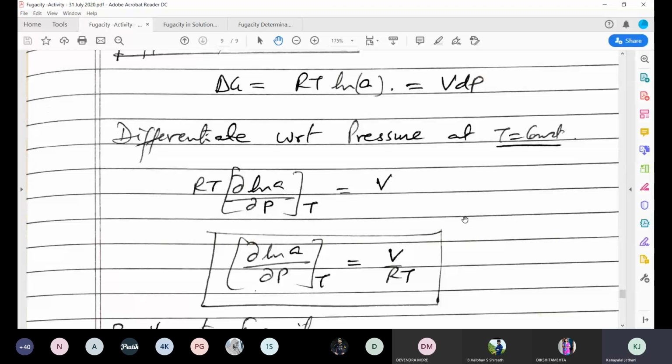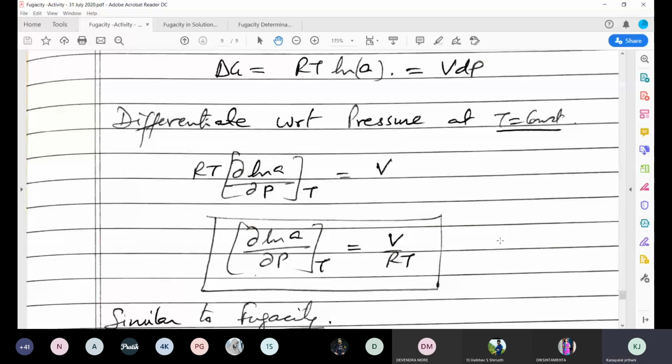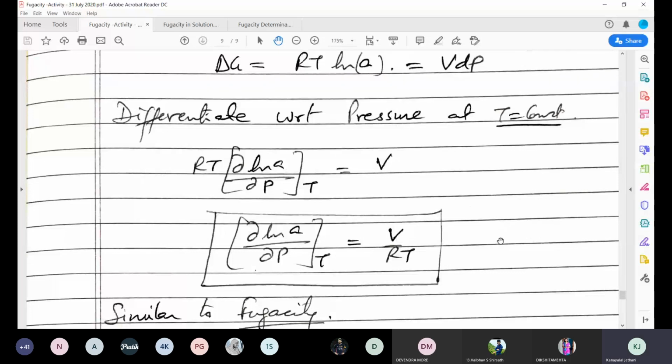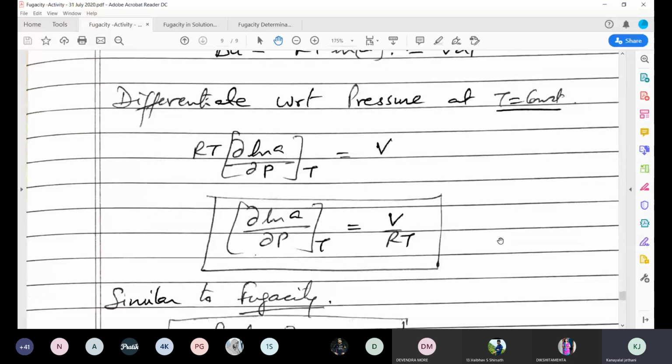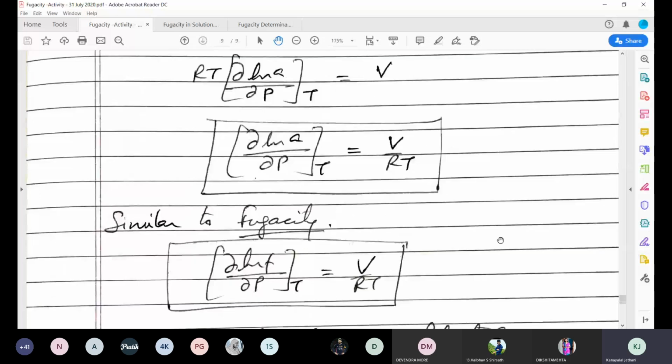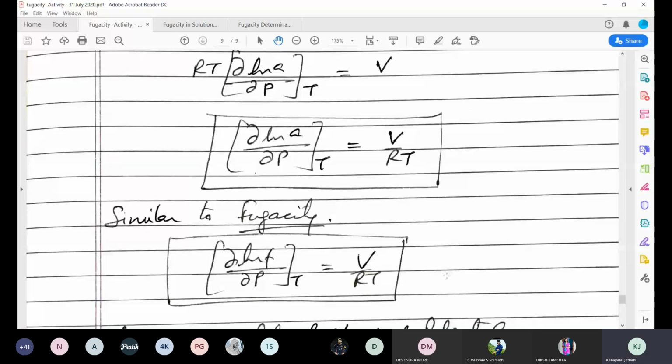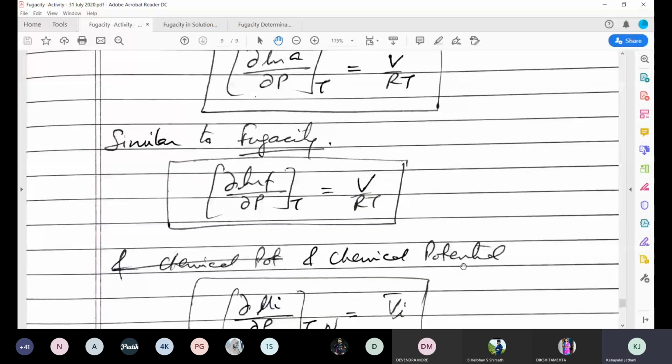Again, कुछ याद आ रहा पहले वाला fugacity में कैसा था? Exactly same. Double ln F by double P at constant temperature is equal to V by RT. ठीक है? केमिकल पोटेंशियल के लिए था double mu I by double P at constant temperature and N is equal to Vi.